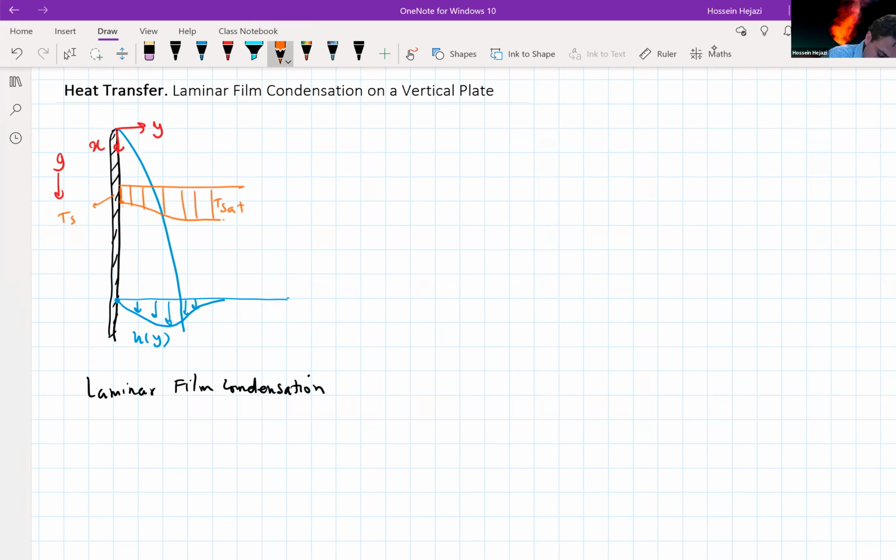This one is Tsat, and this one represents T of Y in the system. So this is going to be the velocity U and temperature profile.